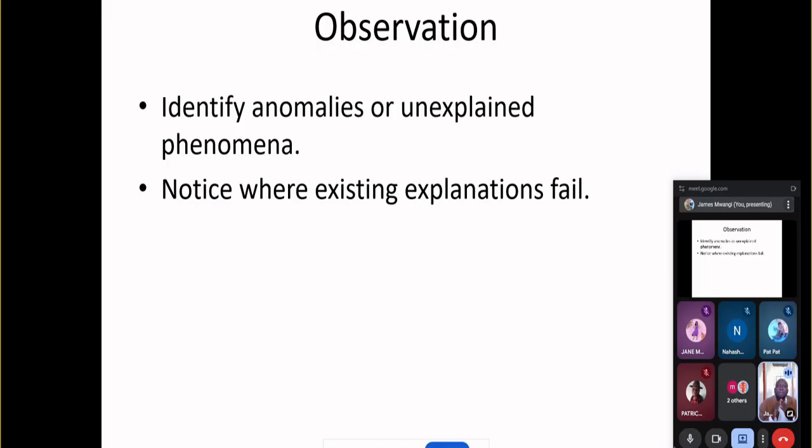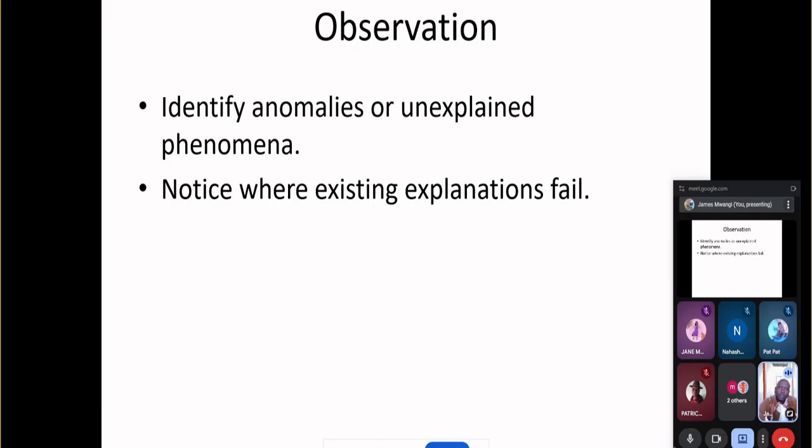You say the weather or the climatic seasons these days are not normal and they are unpredictable. Why are they changing the weather patterns? So you identify that anomaly or unexplained phenomenon. You notice where existing explanations fail.